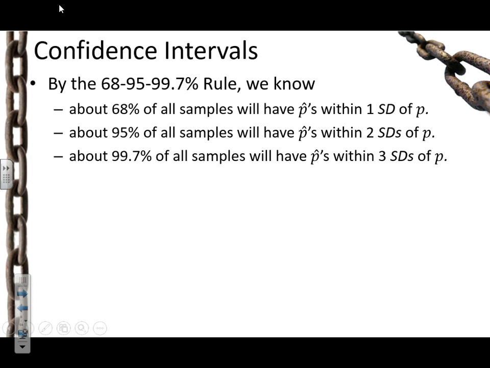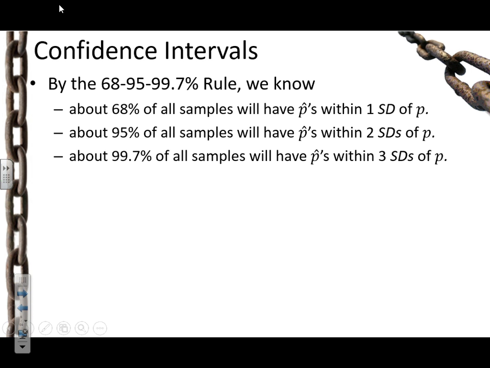So if I went out and actually collected every single possible sample of a certain size, and I looked at all of the sample proportions that I calculated, 68% of them would be within 1 standard deviation of that mean. So 68% would be within 1 standard deviation of the true proportion.